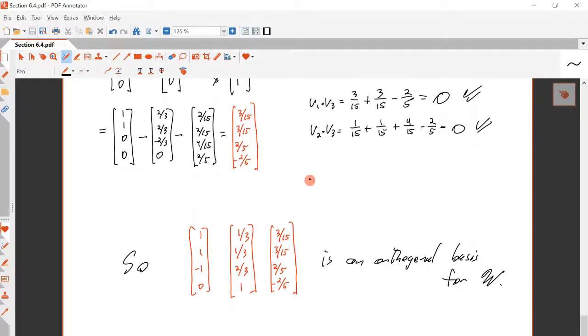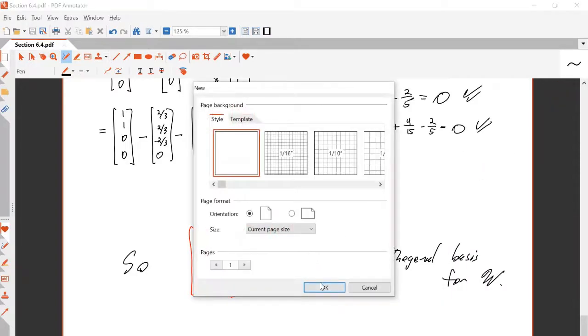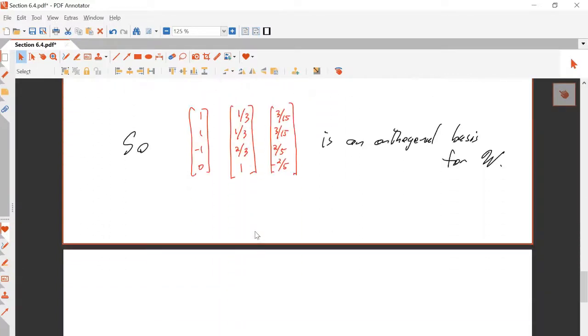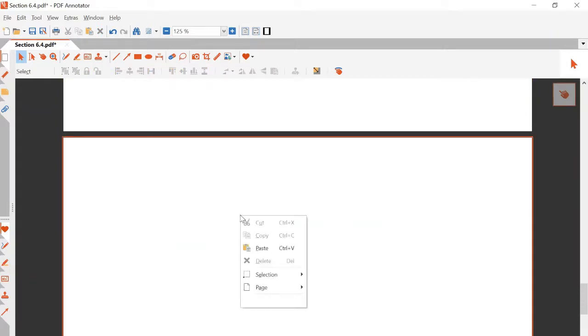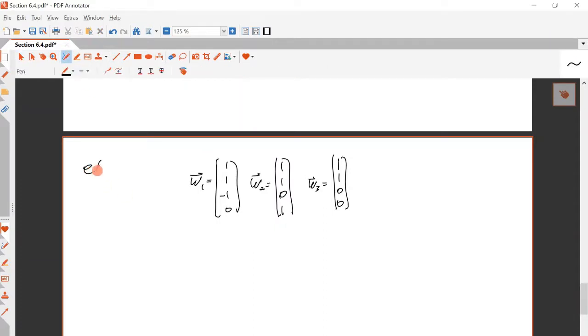Let's do the same example again, but let's order the vectors differently. Here are those same vectors. Again, W is the span of W1, W2, W3.